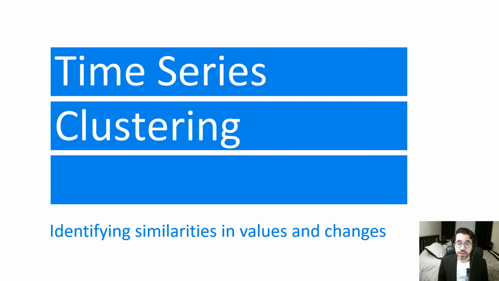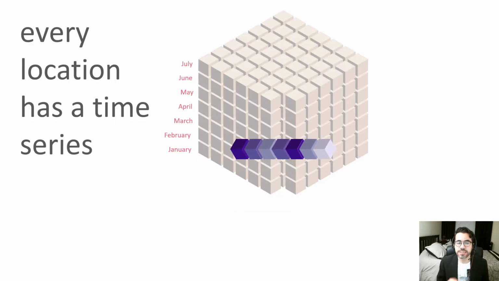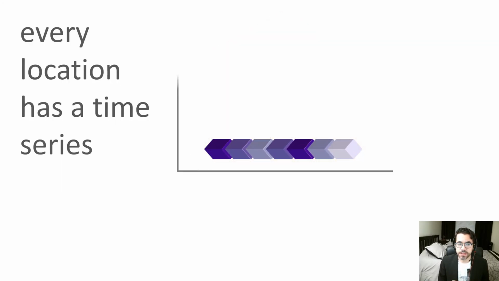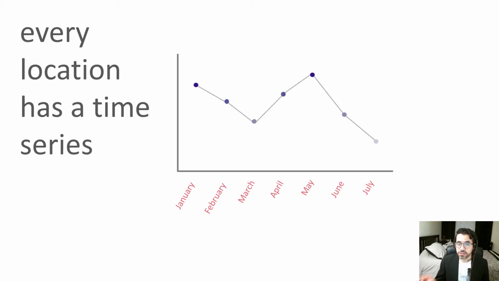For example, another tool in this toolbox is called Time Series Clustering, which partitions a collection of time series stored in a space-time cube based on the similarity of values or patterns across the time series. To begin, consider that each column in the space-time cube represents a location, and each location has a time series.